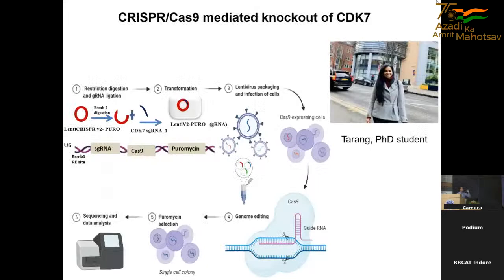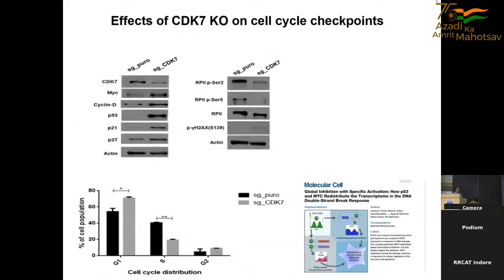So Tarang, a PhD student from my lab, decided to do genetic ablation of CDK7, to knock it out, to mimic the pharmacological inhibition of CDK7 in the AML cells. What she found in the CDK7 knockout clone, not treated with XL102, because this is a genetic mimic: serine 2 was going down in the knockout clone, and serine 5 was also going down.